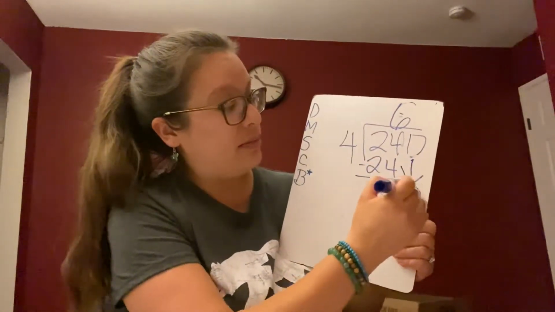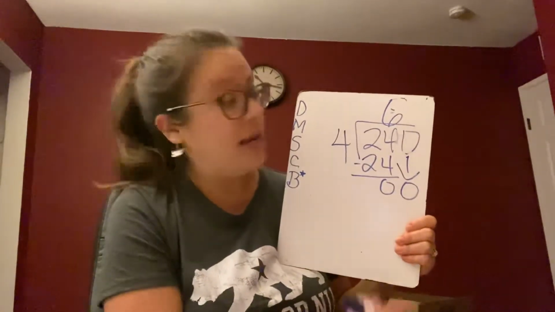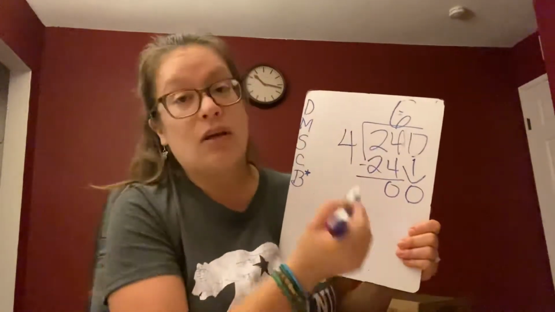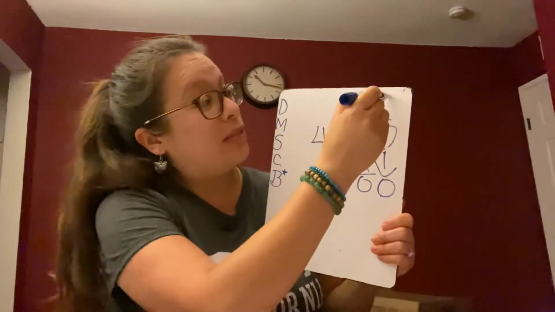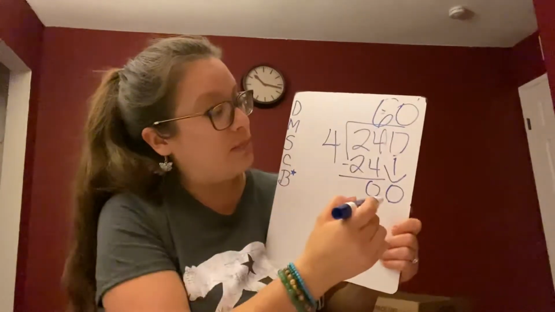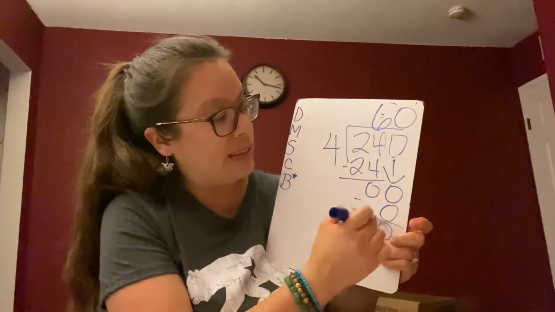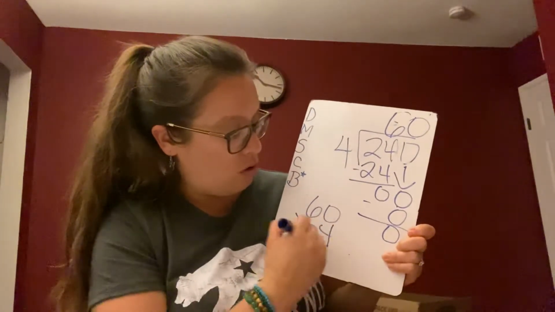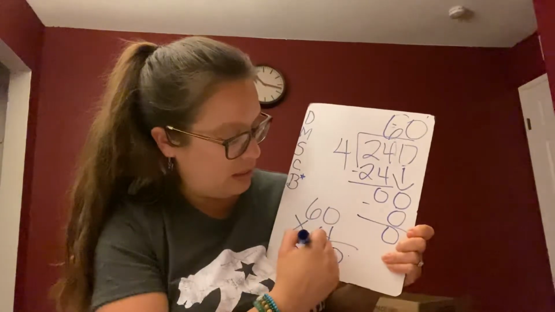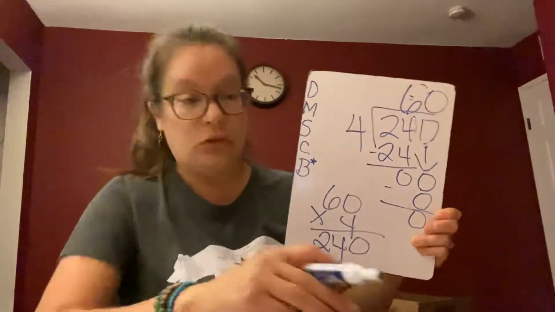I can. That's a 0. Start over again. 0 divided by 4. 4 can go into it, but I still need to write it out. I still need to put the 0 there. 4 times 0, 0. Subtract 0. 60 times 4, 0, 24. 240.